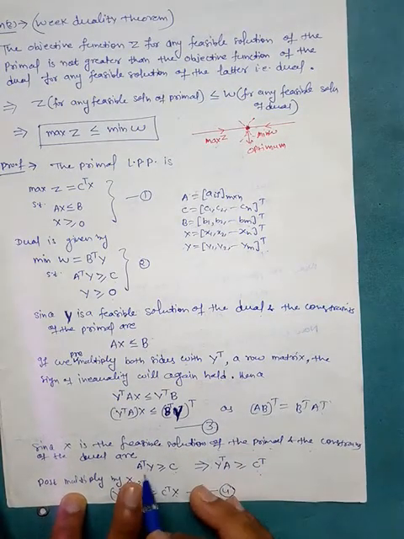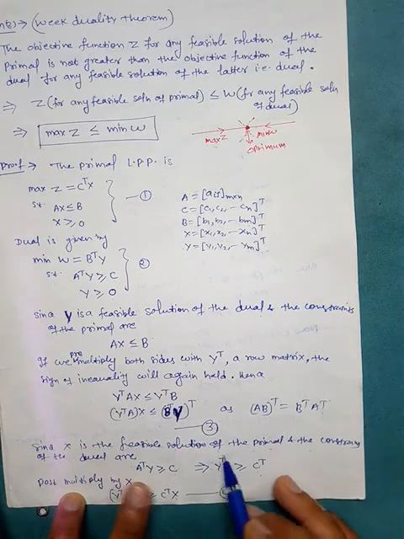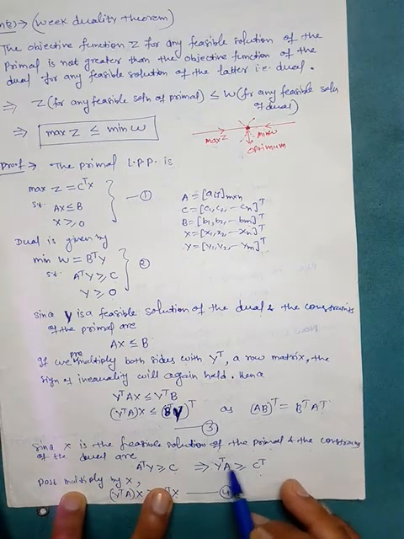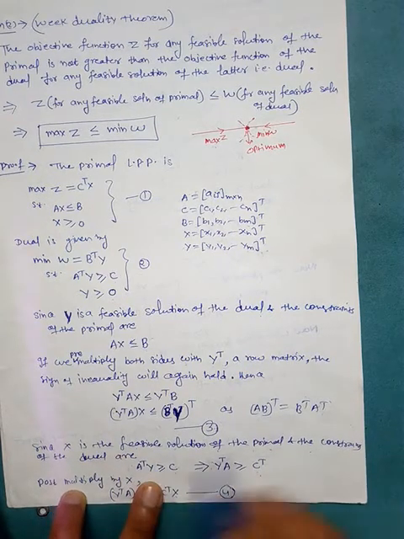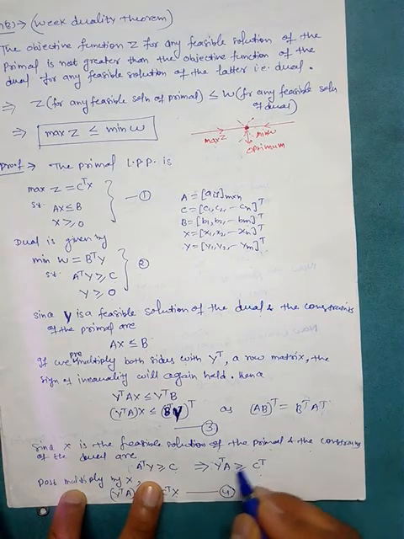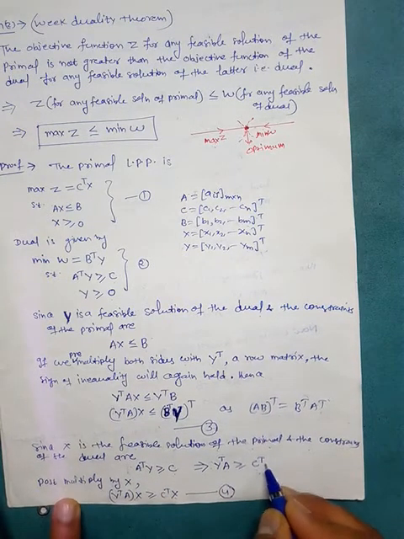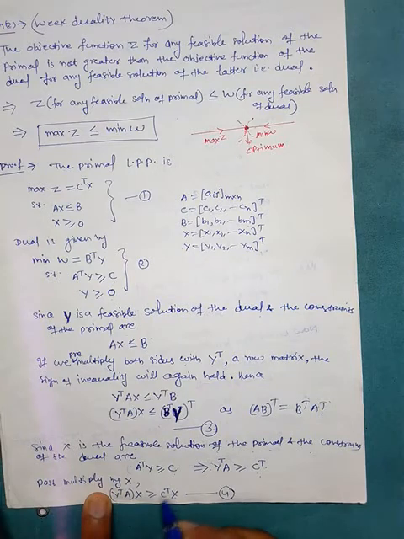Now taking the transpose of both sides, using the same property, we get y transpose A is greater than or equal to c transpose. Now post-multiplying by x, we get y transpose Ax is greater than or equal to c transpose x. This is equation number 4.